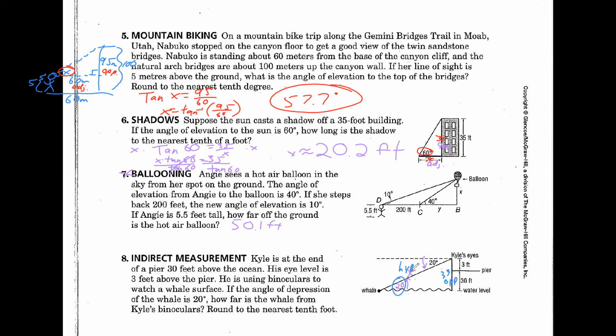So which ratio uses opposite and hypotenuse? Sine, right? So sine of my angle, 20, equals opposite, 33, over the hypotenuse, so that's x.